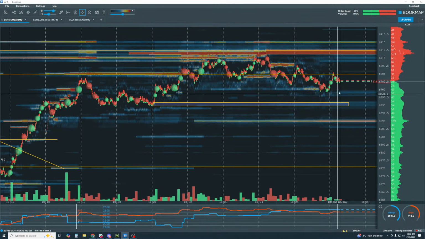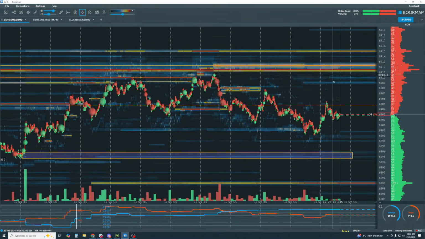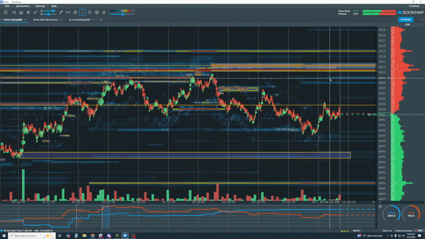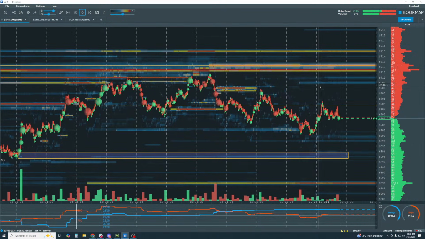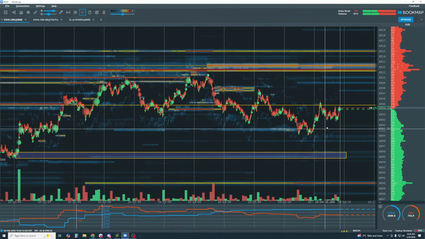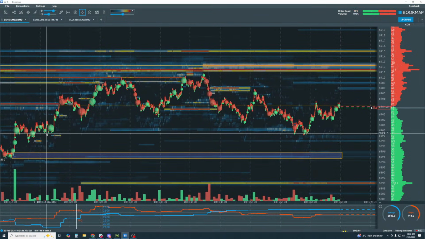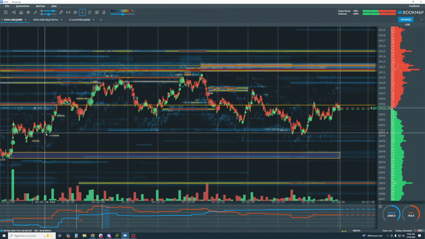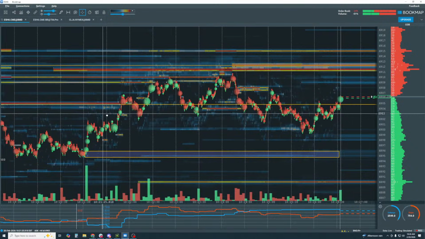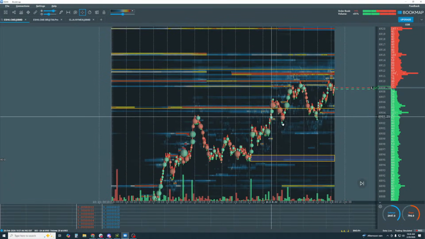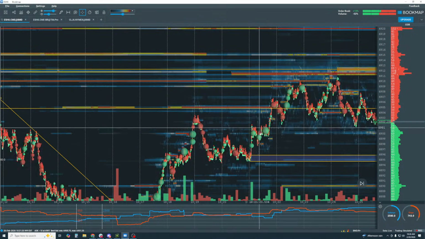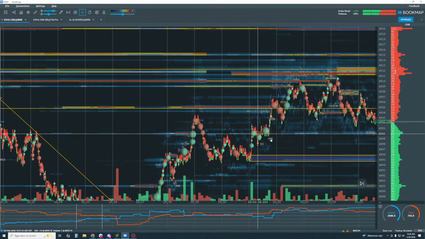Okay, we got a pullback already. Let's see if we get more sellers in here. We might get more buyers back up here. This was a level where maybe we get a reaction. Actually, we looked at this just now, and I think talked about these footprint traders in here, right?